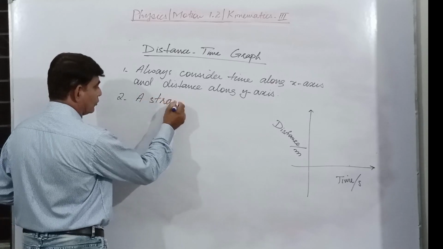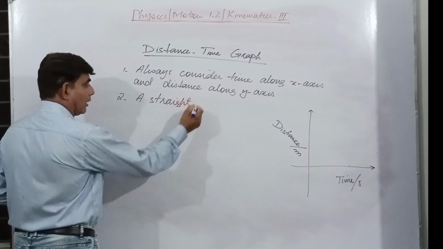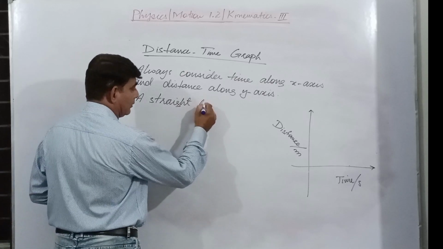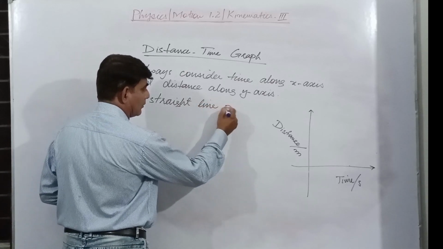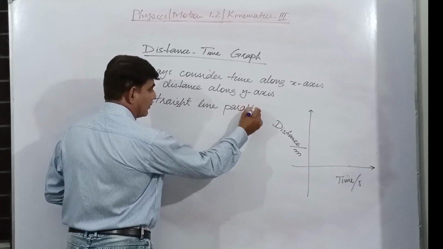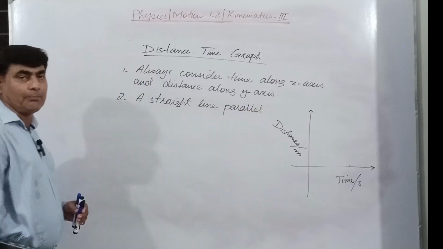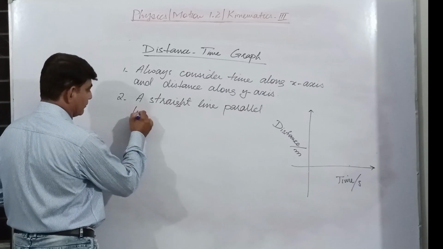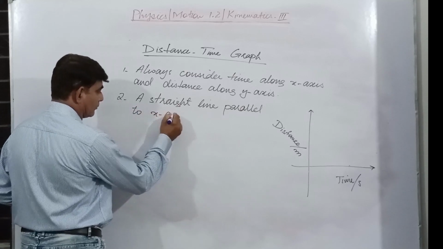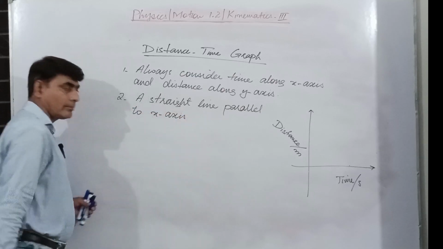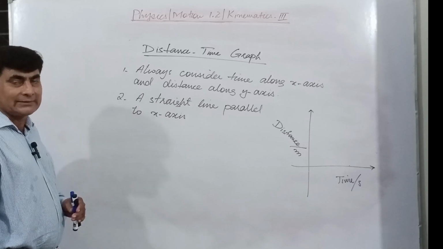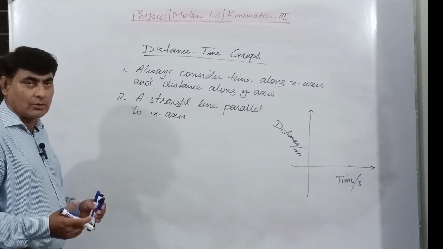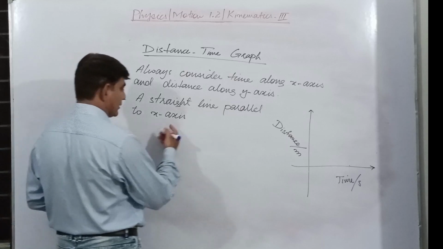So a straight line parallel to the x-axis represents a state of rest or stationary state.